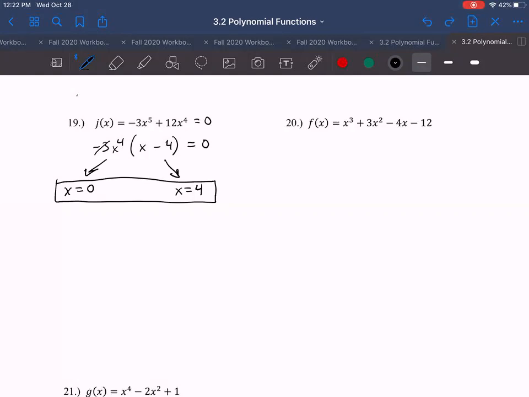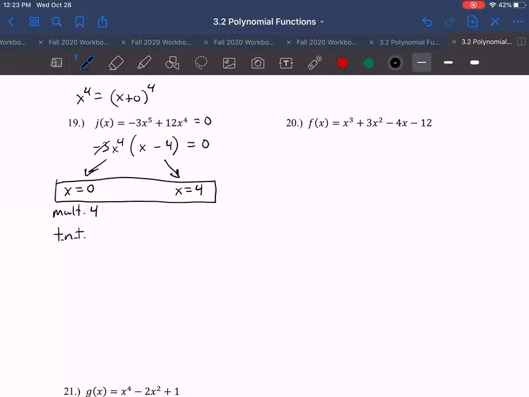You could also write x to the 4th as x plus 0 to the 4th, to show it with that power outside of the parentheses. So this has a multiplicity of 4. 4 is an even number, so this will touch and turn.